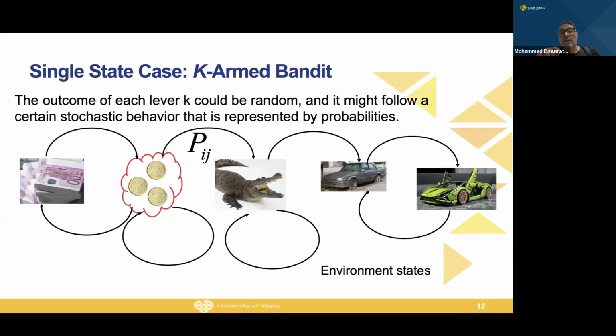You will get some dangerous action with probability 0.05. And then each door will have a certain probability about what reward you will receive.